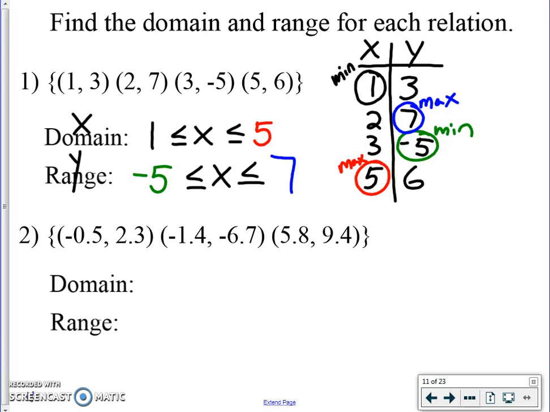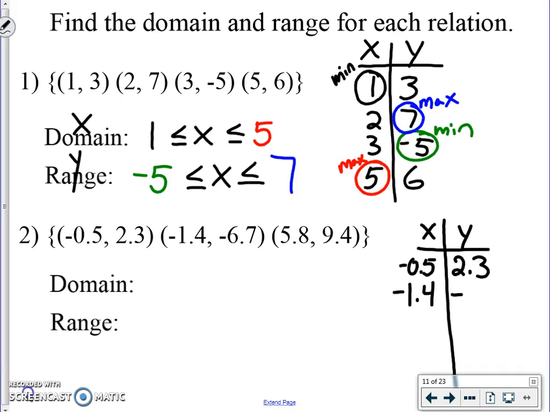I'm going to do the same here for the next set. Again, I start off by doing an xy table. That kind of helps. I have the coordinates (0.5, -0.5), and (2.3, -1.4), and (-6.7, 5.8), and 9.4. I'm going to identify my min and max for my domain.